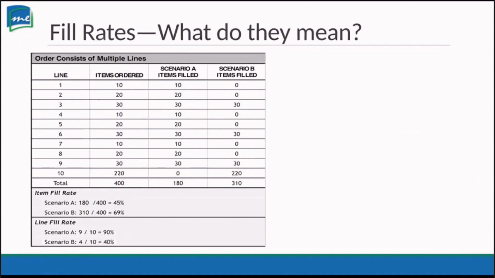According to the results, you will see that scenario A, even though it doesn't have a high fill rate for the item, has a very high fill rate for the line, so the line fill rate is acceptable. But for scenario B, the 69% and 40% are not good numbers, so it doesn't have a very good fill rate.